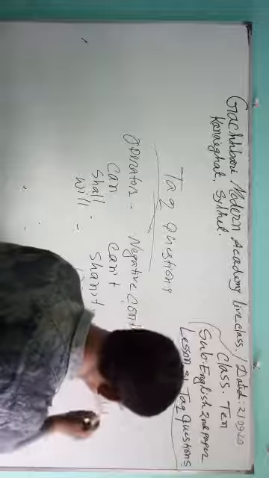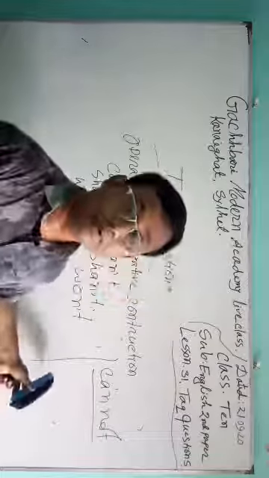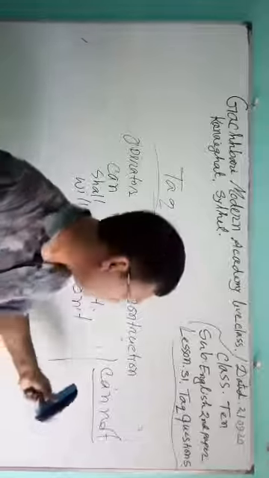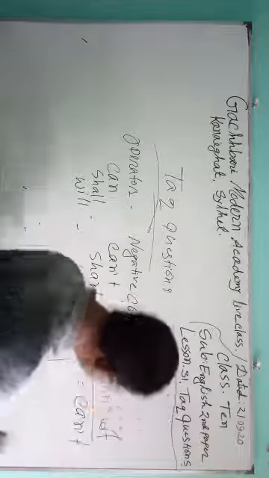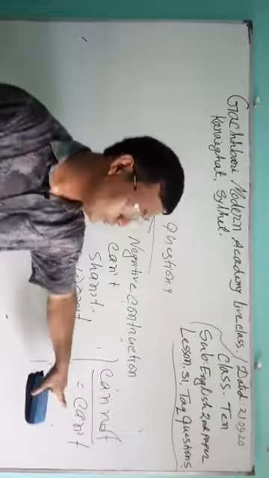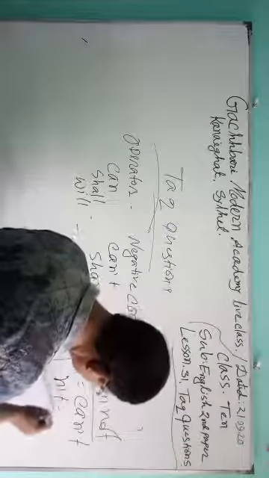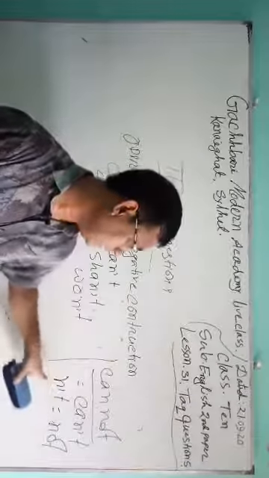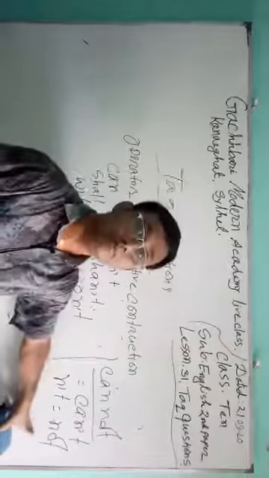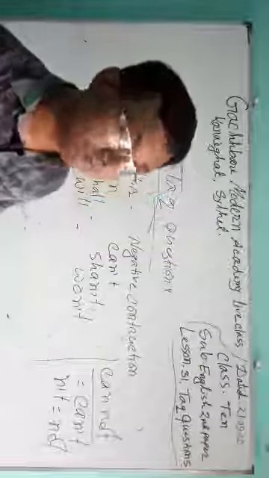Can not is the long form, and the short form is can't: C-A-N apostrophe T. The short form of not is N apostrophe T. Is it clear to you?